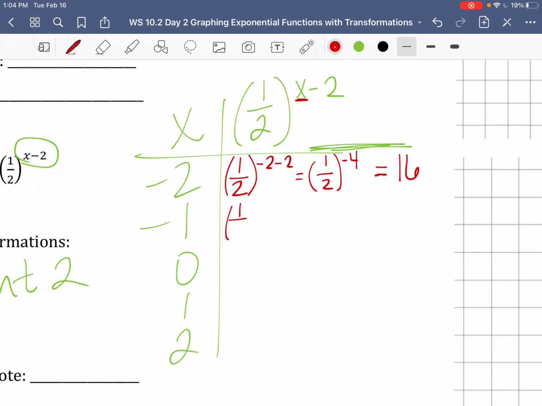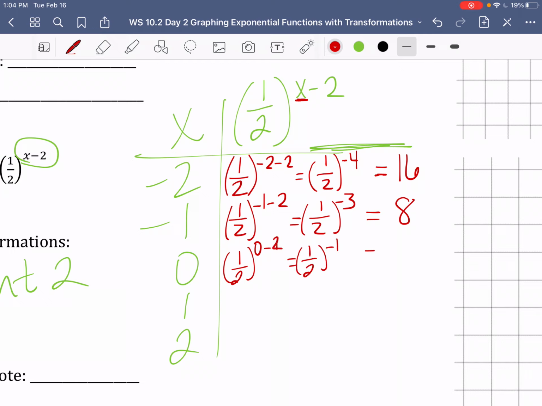Then we do 1/2. -1 minus 2 is 1/2 to the -3, which is 8. 0 minus 2 is -2. 1/2 to the -2 is 4.